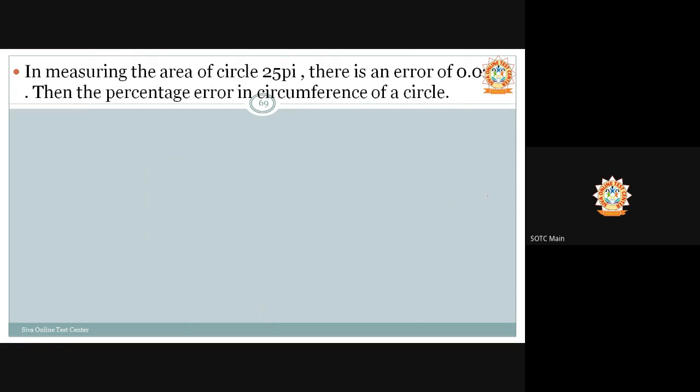Let us move to the next question. In measuring the area of the circle as 25 pi, there is an error of 0.02 pi. Then the percentage error in the circumference of the circle is. So here area is given as 25 pi, and del a is 0.02 pi, right? You need to find the circumference.